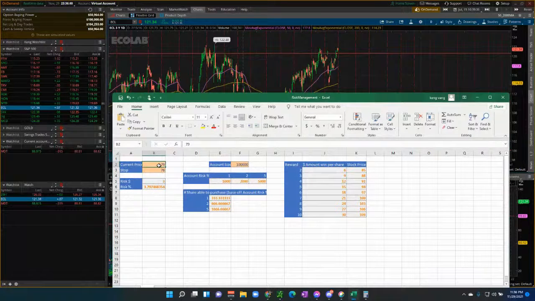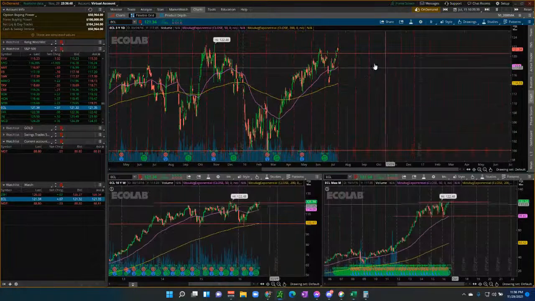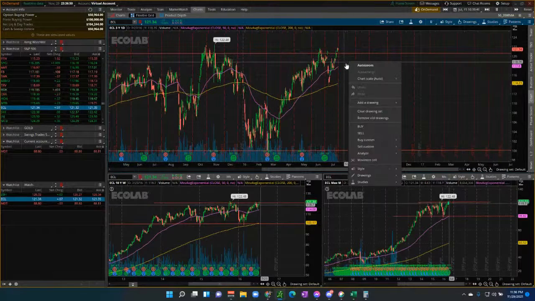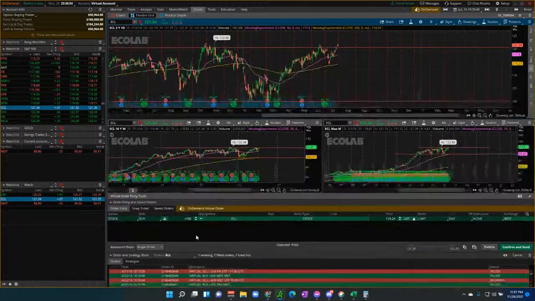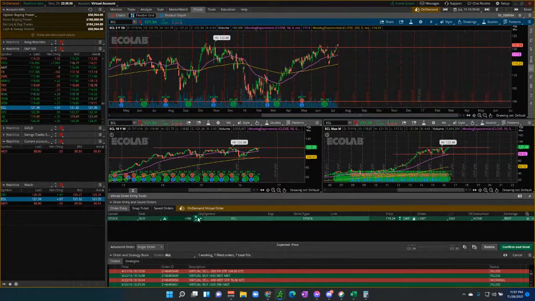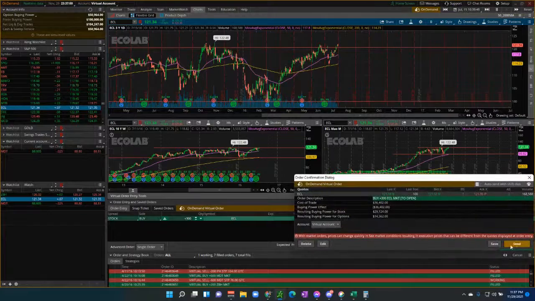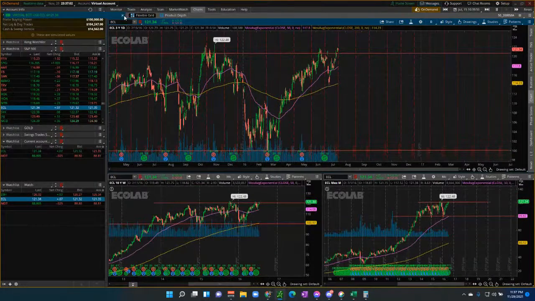So 122, 116. Oh, about 5% risk, not bad. We can get 300 shares. I do like that. We do have some free floating capital, so 300 shares. Let's do that. All right, 300 shares at market. There we go. 300 shares.